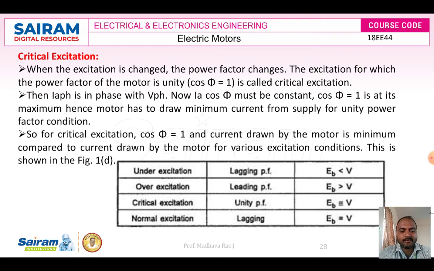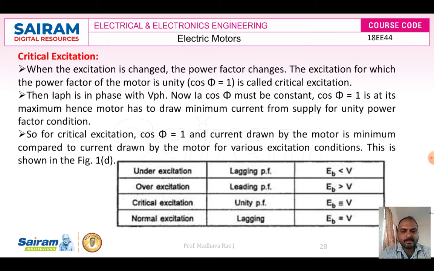Then I phase is in phase with V phase. Now, Ia cos phi must be constant, cos phi is equal to 1. So, both current and voltage are in phase, the phase angle will be equal to 0, cos phi is equal to 1, right. So, in critical excitation the power factor value will be equal to 1, that is the highest value of the power factor.